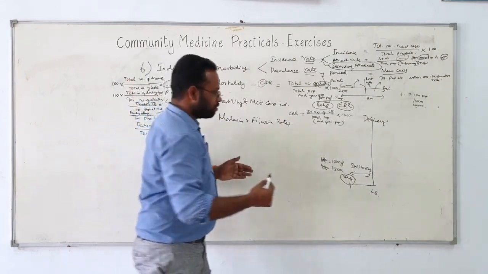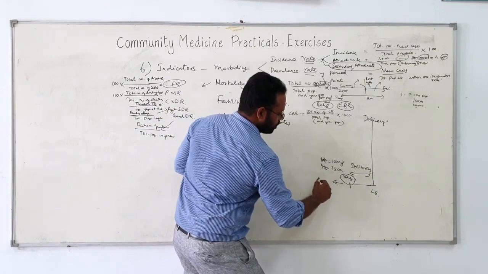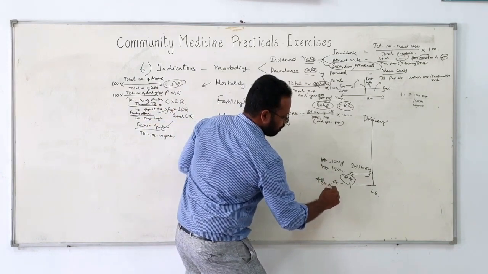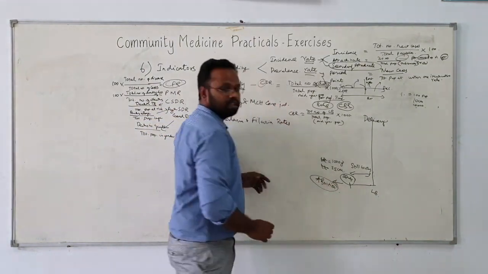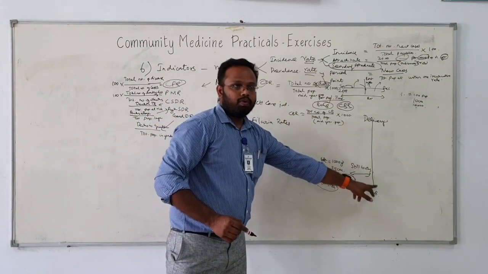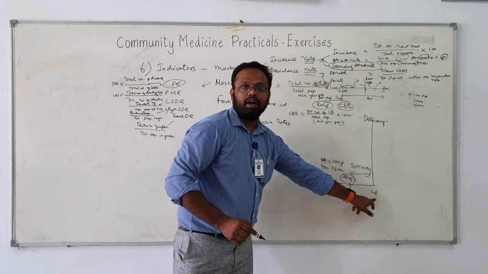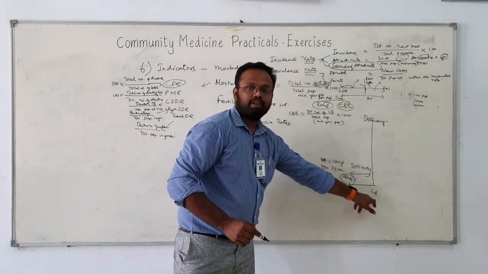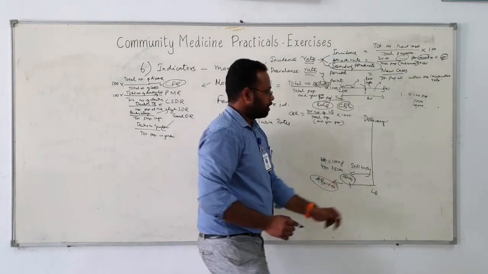Any death before 28 weeks will be considered abortion. This is called stillbirth. All births at this point of time will be considered live births.